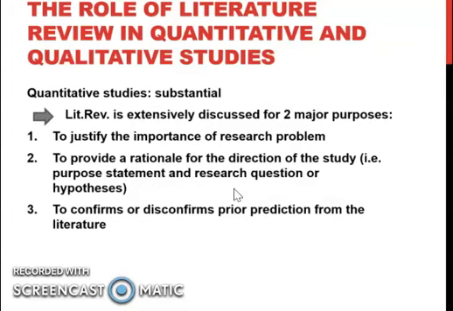So after conducting your own research and seeing the result, you might compare that with the result from previous studies. Either it confirms the result and yields the same result, or it's different or against the result from the previous studies.